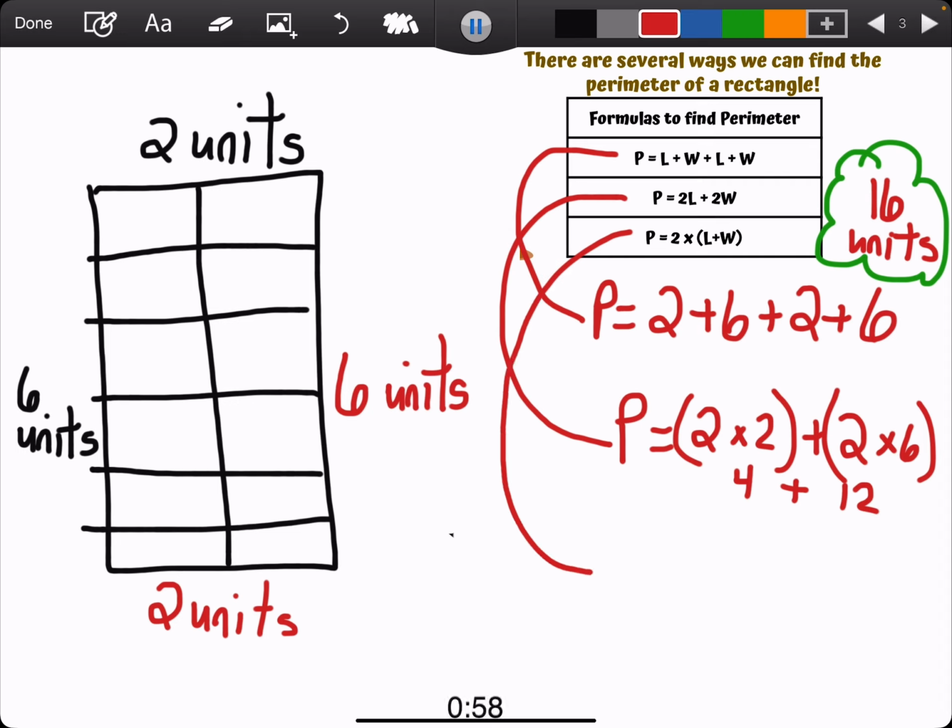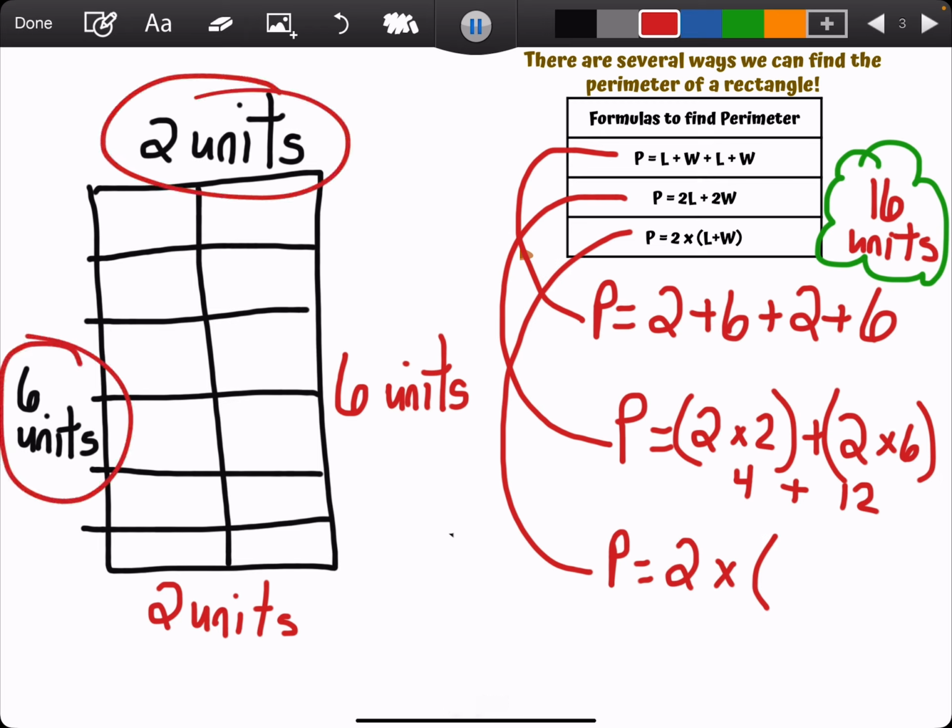Or I could go to the third formula. Perimeter equals 2 times length plus width. The length is 2 and the width is 6, so 2 plus 6 gives us 8.